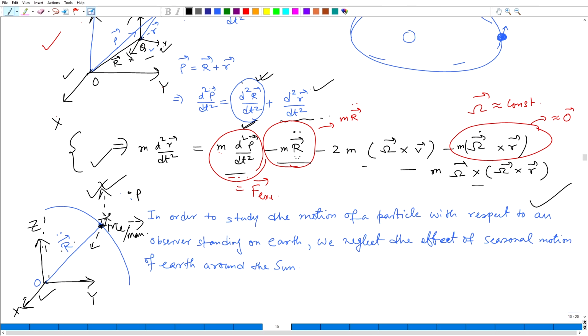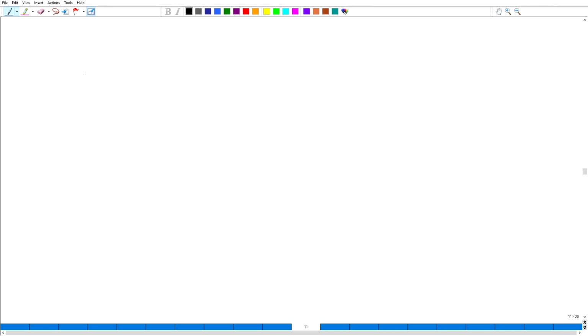So, with respect to this inertial frame of reference, whose origin is situated at the center of the earth, the person's frame of reference has a center displaced by capital R distance, this distance, and is moving in a circle like this. I can draw a better picture so that you can all understand.